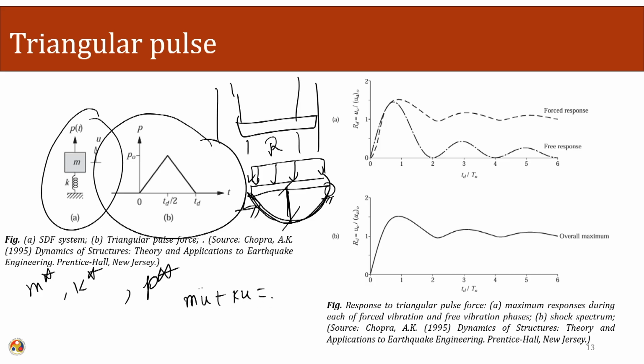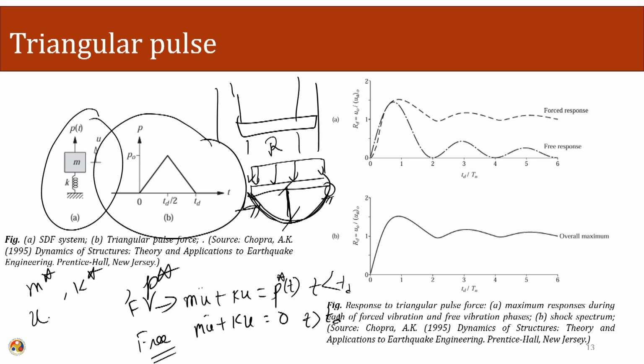We ignored the damping and wrote down the equation of motion in the forcing phase, when time t is less than Td, and when time t is greater than Td. So this becomes a forced vibration case and this becomes a free vibration case.